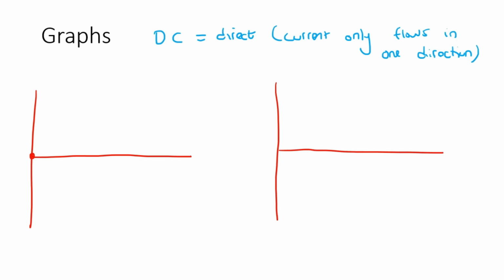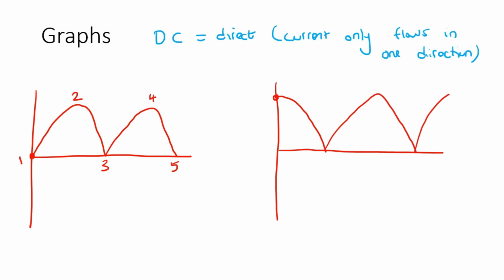If it starts at the zero, then it goes up just like the previous one did. But now, it's not allowed to go underneath because it must be in one direction. So it just does this. That's what it could look like. Look at that, 1, 2, 3, 4, 5. If it starts at a peak, then it would go like this, like that, and like that. Look at this, 1, 2, 3, 4, and 5.